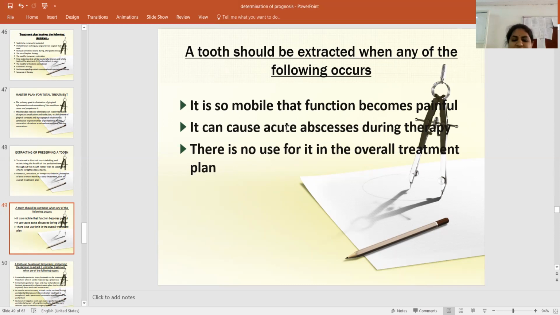A tooth which has to be kept plays some role in the mouth, like an impacted eight, or if the antagonistic eight is missing. So you have to assess if the tooth has no use in the oral cavity and in the overall treatment plan, then you can remove it. And if the presence of the tooth can cause an abscess, then you have to remove it. So you have to make a decision which tooth has to be retained and which has to be extracted.